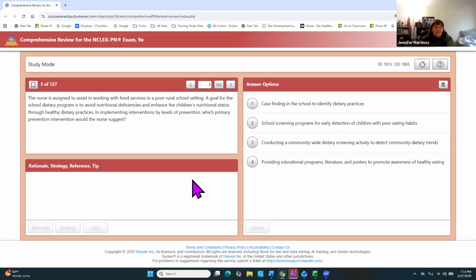So one, case finding in the school to identify dietary practice. Two, school screening programs for early detection of children with poor eating habits. Three, conducting a community-wide dietary screening activity to detect community dietary trends. Or four, providing educational programs, literature, and posters to promote awareness of healthy eating. A good one. I like this question.